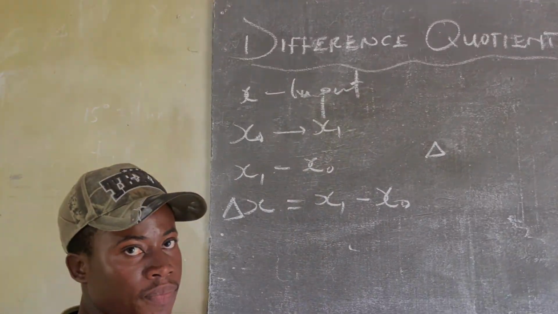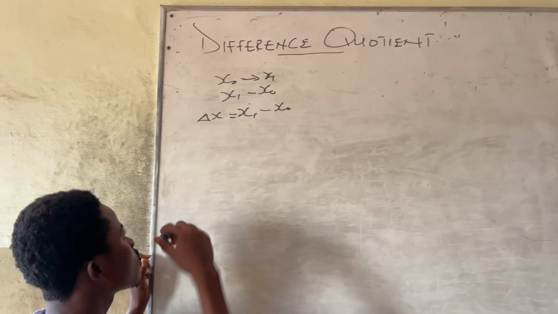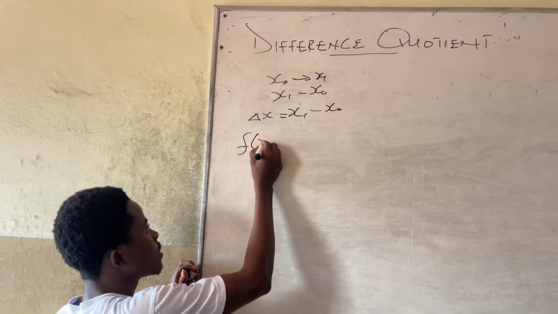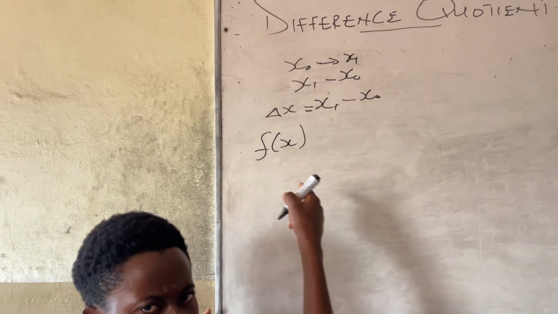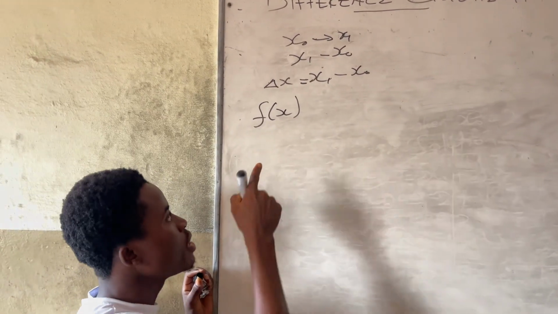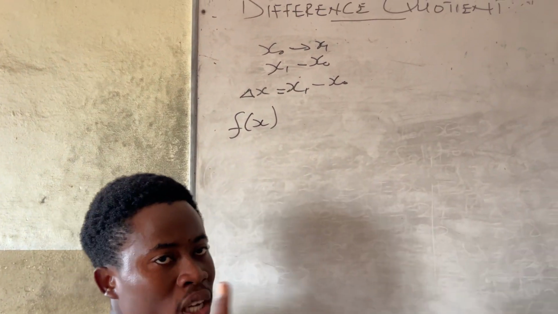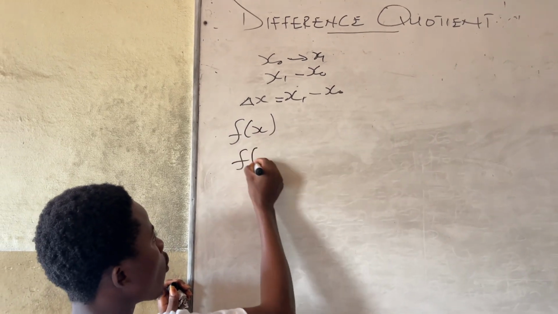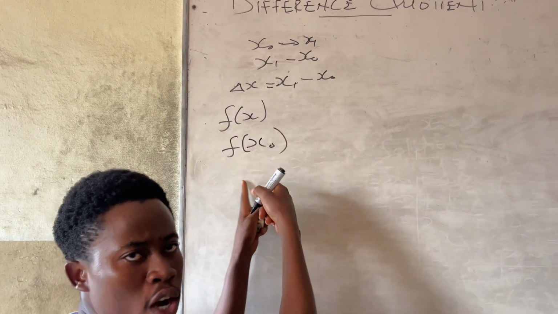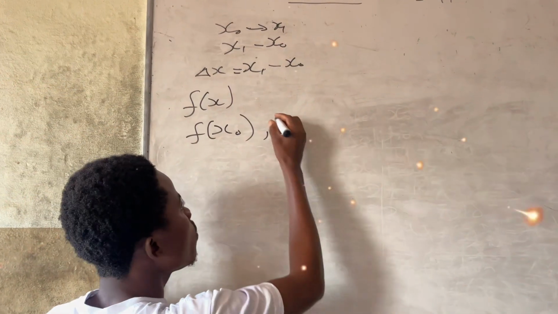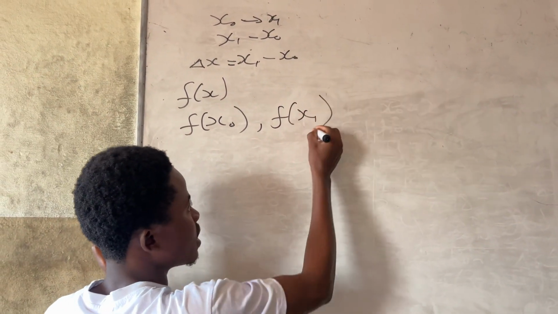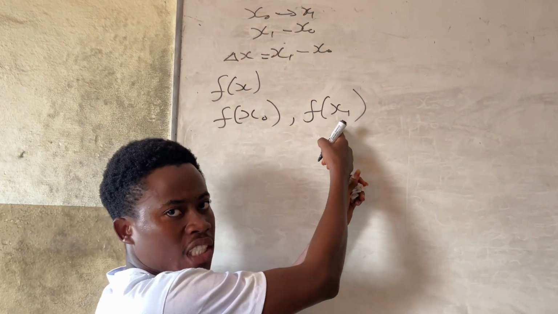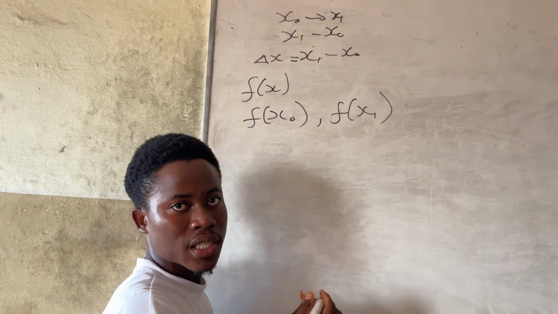So viewers, note that wherever you see f of x, what we mean is the value of the function when the input is x. So when we have f of x0, it means the value of the function at the old point, and when we have f of x1, it means the value of the function at a new point. All right.